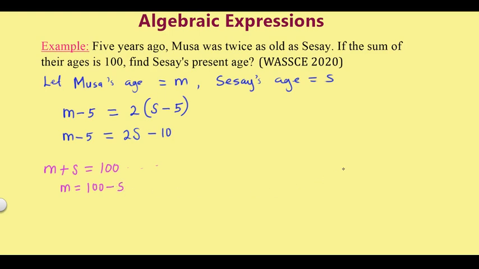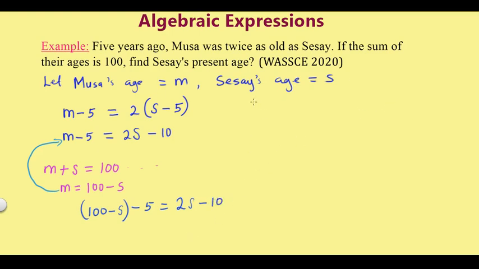So here we can now put the value of M into this. Putting the value of M into this, that becomes 100 minus S, that's for M here, minus 5 equals 2S minus 10.